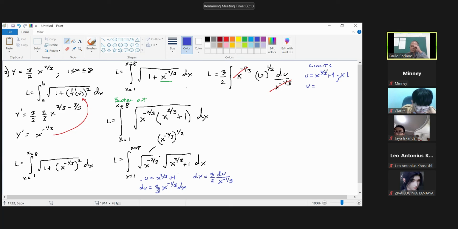It's going to be 2, correct? So that's the lower limit. What's the upper limit? 5. How did you get that? That's u equals x raised to 2/3 plus 1 when x is equal to 8. So you will get u is equal to 5.